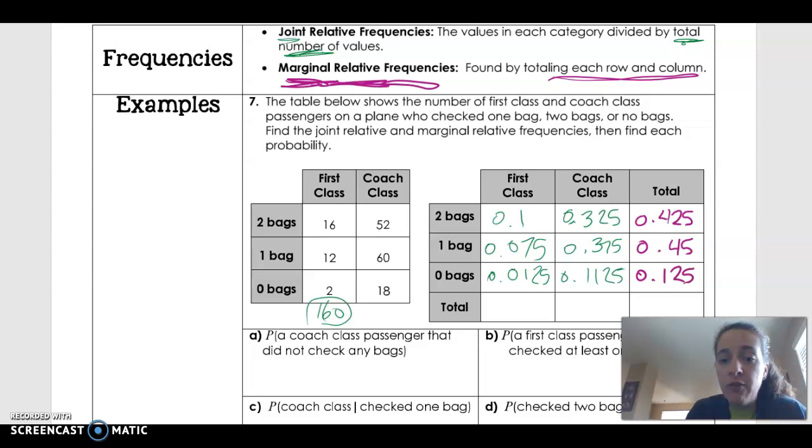Now if I add going down, I end up with 0.1875. And again, adding down here, I have 0.8125. You will know that you're correct in all of this, because if you add this column going down or this row going across, you will end up with 1 right there.